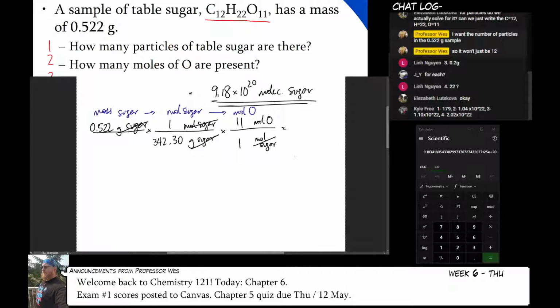So this should give me my number of moles of oxygen, because that's the unit that's left over. So 0.522, 11, 342 point, oops, hold on, 342.30. 0.0167 moles.